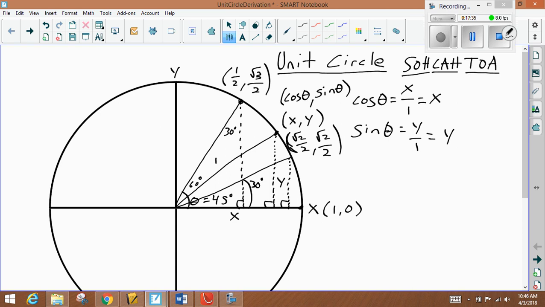Well, isn't that the same thing? It's the same triangle, right? Just transformed? Because isn't it the case that our height is the same thing now as our length over here?